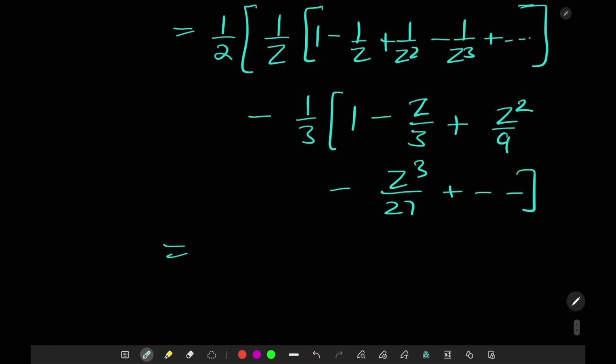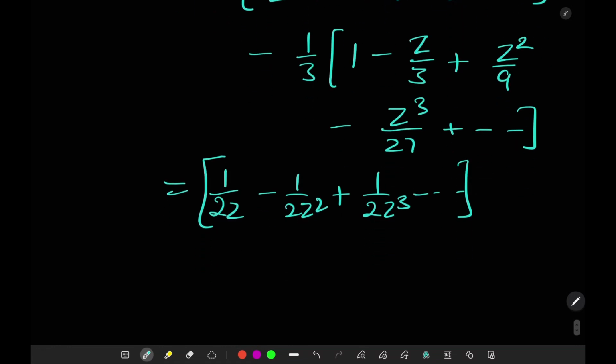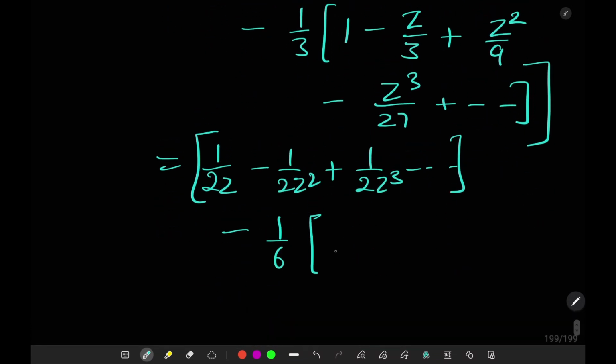Now multiply this 1 by z in this term, and 1 by 2 and 1 by 3 also. So we can write this: up to and so on, minus 1 by 6 into 1 minus z divided by 3 plus z square divided by 9 up to and so on.